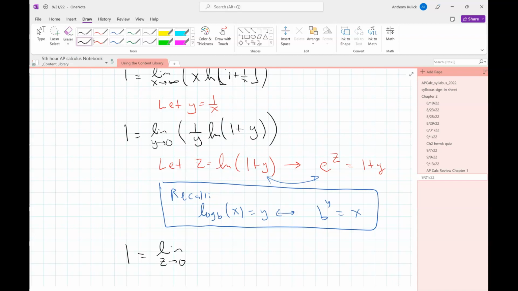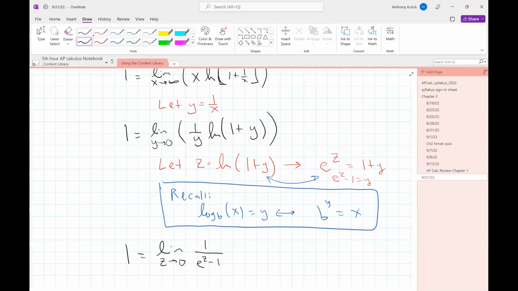So when I replace the 1 over y, I end up with 1 over e to the z minus 1.